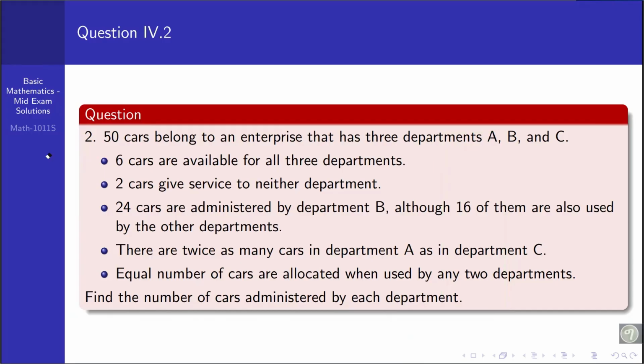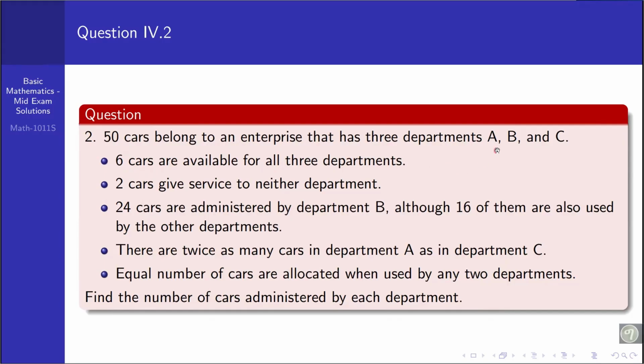Okay, the next question, or the last question for this session, question number 2. In the simplest way, the question can be written in this way. 50 cars belong to an enterprise that has 3 departments A, B, and C. That means there are 3 departments A, B, and C, and within these departments there are 50 cars belonging to each department. 6 cars are available for all 3 departments.